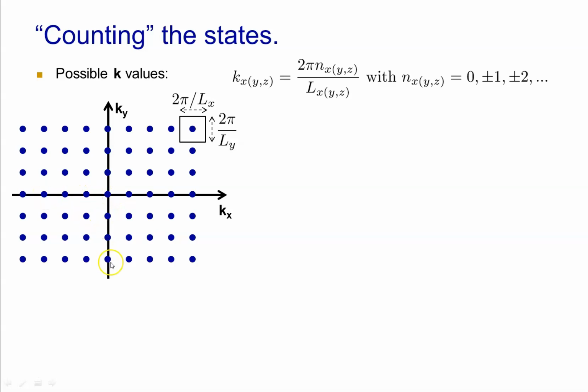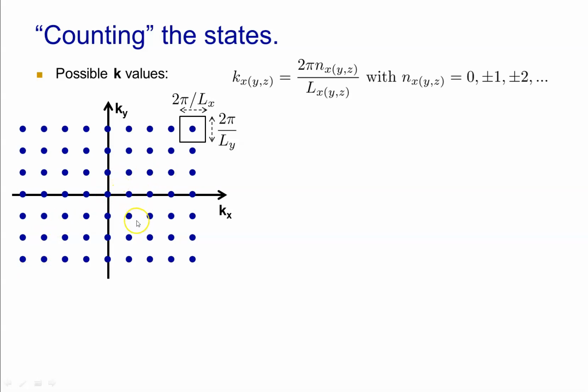All right, so I'll have this same grid for ky, right? So I have ny equals 0, and ny equals plus 1, plus 2, plus 3, minus 1, minus 2, minus 3, and the distance here is 2 pi over Ly.